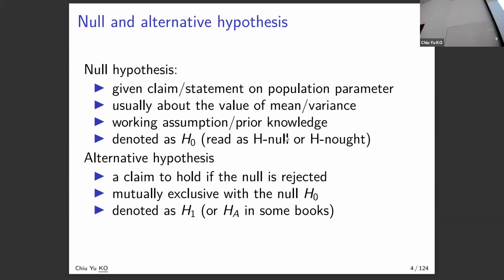We call it H1. And I do remind you that they're asymmetric. You cannot swap them. They're different things. You cannot simply swap them because all the time we assume our null is true. We will analyze whether null is true and see whether things are violated. Is that okay?